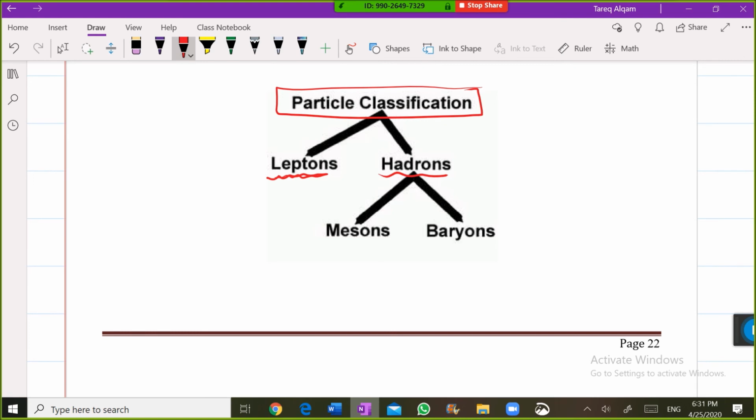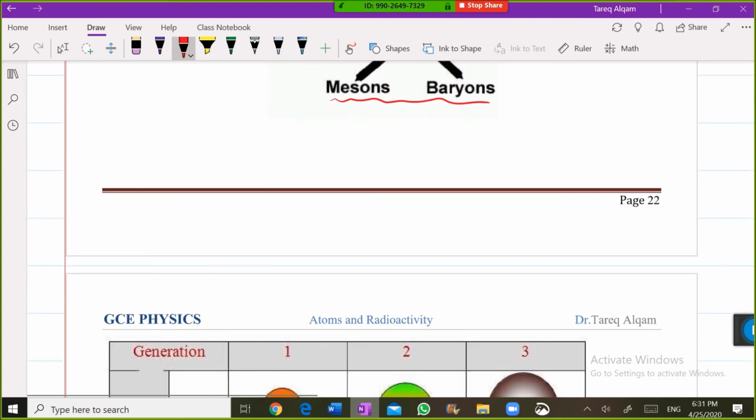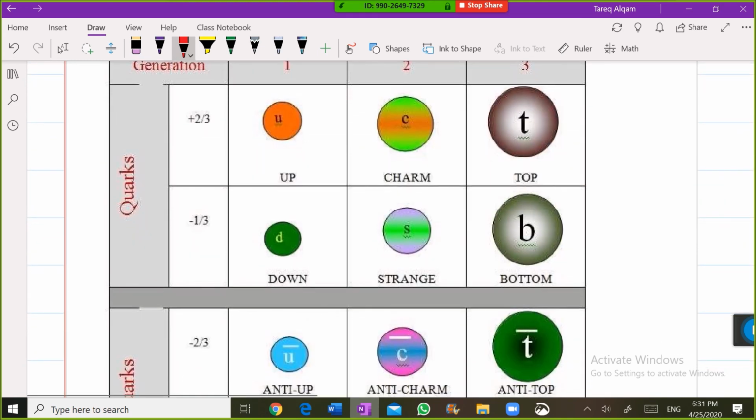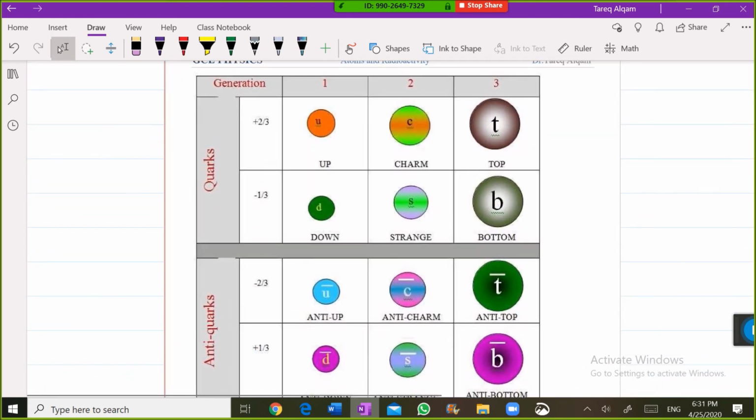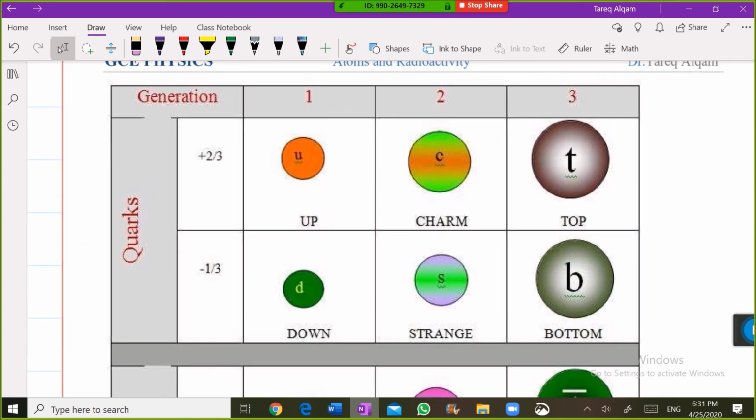Hadrons also can be classified to mesons and baryons. Let me complete. These are, guys, the quarks, or this is called standard model. اتفقنا إنه الprotons والneutrons consist of quarks. طبعا there are other particles that consist of quarks, but we will not talk about them.